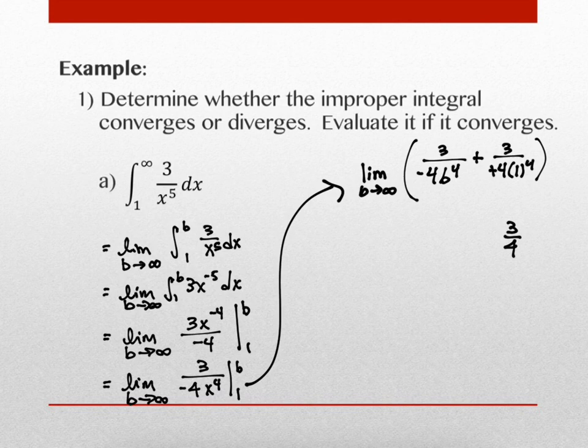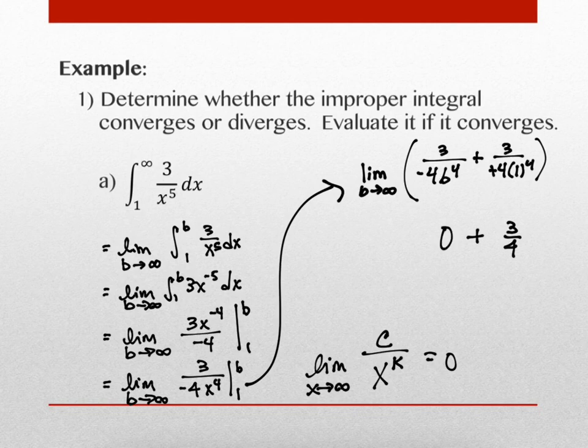In fact, back in chapter 3, when we learned this last semester, that's a theorem that we had: if it's ever written as a constant over a power of x, say x to the k, then the limit as x goes to infinity is equal to 0. So anytime this property happens, this gives us a 0 here. And then what happens when we add 0 and 3/4? We get 3/4.